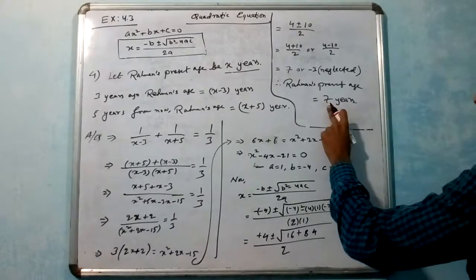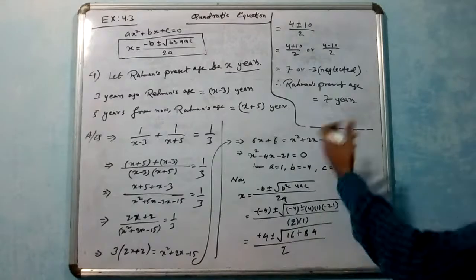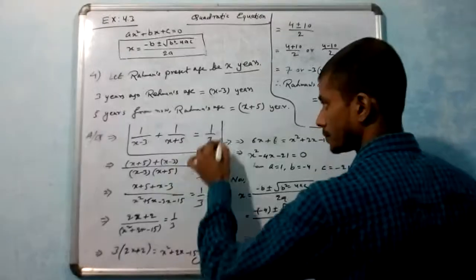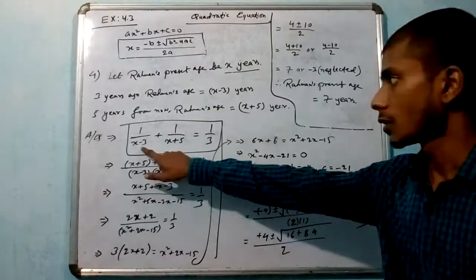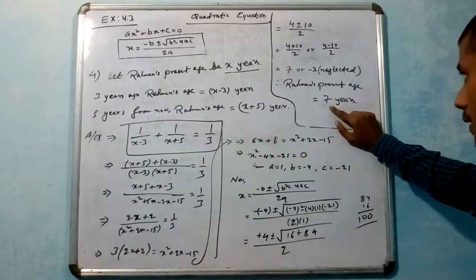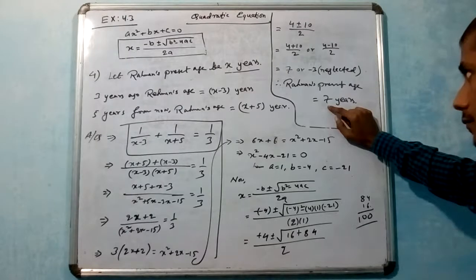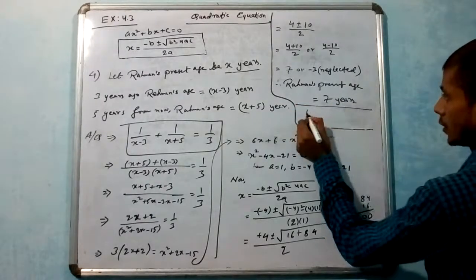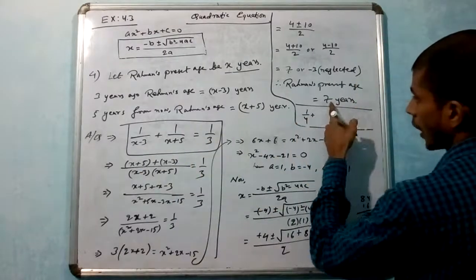Now for word problems we can cross verify. How to cross verify? This was the given condition, no? Before 3 years age. So if the present age is 7 years, before 3 years how much? 4 years. So cross verifying means 1 by 4 plus, after 5 years, how much? 7 plus 5, 12 years he will be.